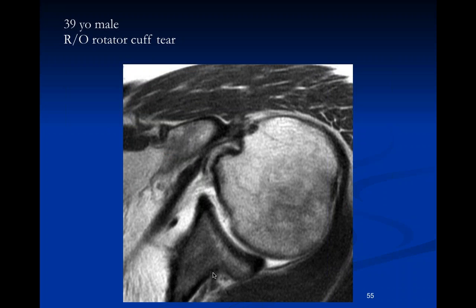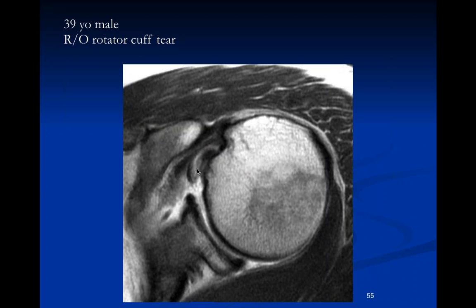Now we go to the next cut up, we're at the level of the coracoid process. What do you see here? And there the patient remains in internal rotation, and there's narrowing of the distance between the humeral head and the coracoid. Yeah, so here we can see the subscapularis tendon. It's marked increased signal intensity where it attaches here, but we can see marked decrease in the junction there to only about 5 millimeters.